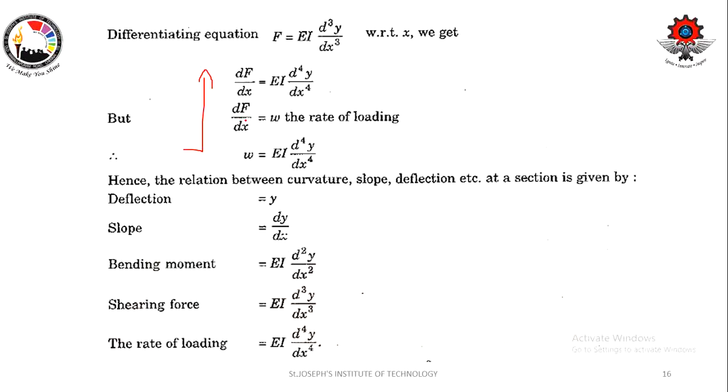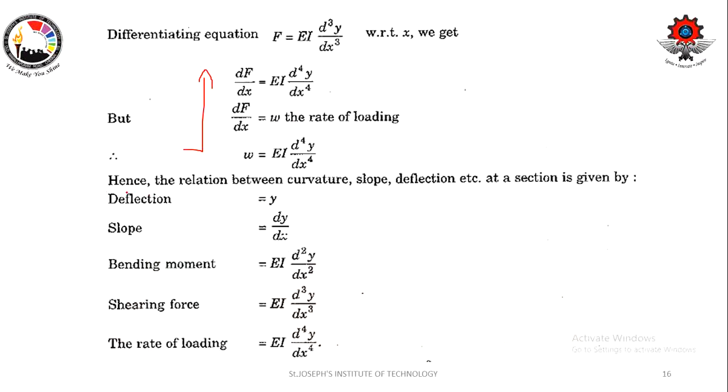Now if you are going to integrate on both sides, this process is going to happen in reverse. So rate of loading to shear force to moment, and again it gets reduced, that is d power 4 y by dx power 4 changes to d cube y by dx cube.